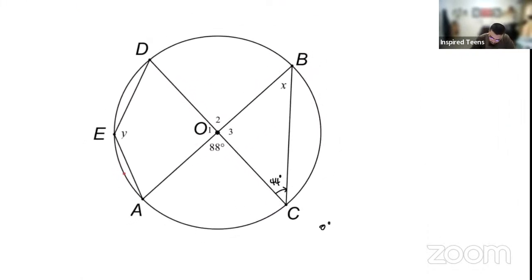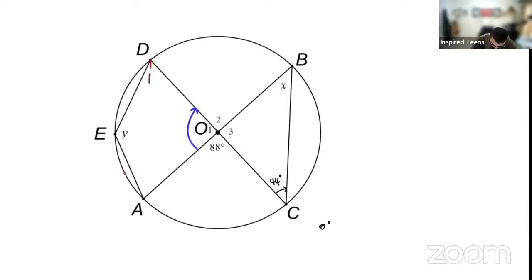Why don't we subtract the 88? Because here is the angle at center that we're working with. Let's consider what is the chord we're working with. We're working with chord AD. Since we're working with chord AD, O1 is the center angle that it subtends. It creates angle O1 at the center. So therefore, the center angle that we're working with is O1.